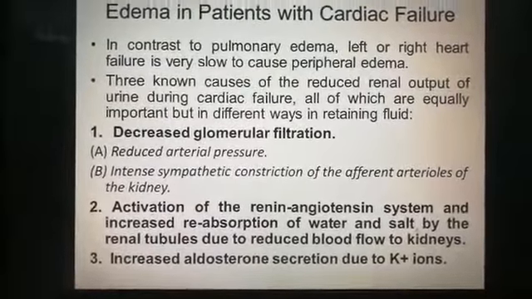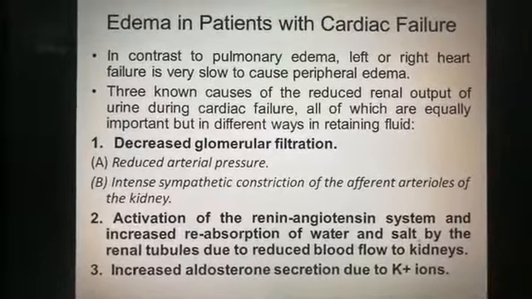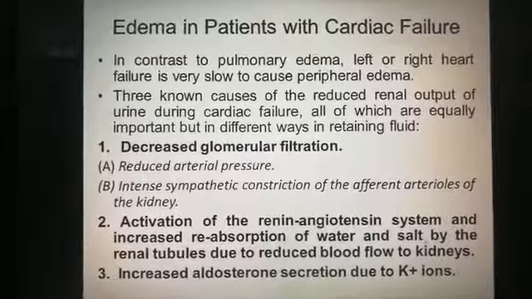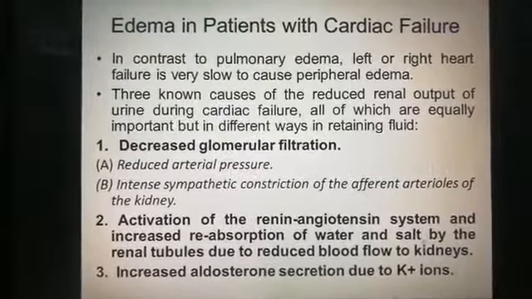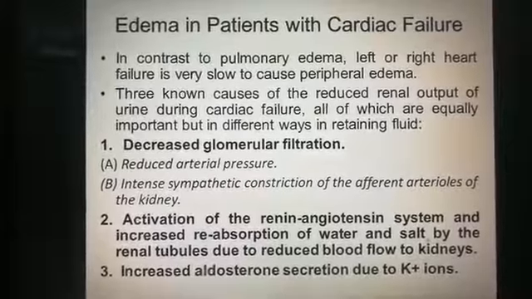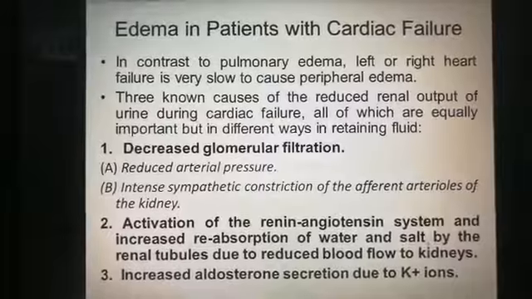There are three causes of reduced renal output of urine during cardiac failure, all of which are equally important but in different ways in retaining fluid. Number one is decreased glomerular filtration rate, due to reduced arterial pressure or intense sympathetic constriction of the afferent arterioles of the kidney.